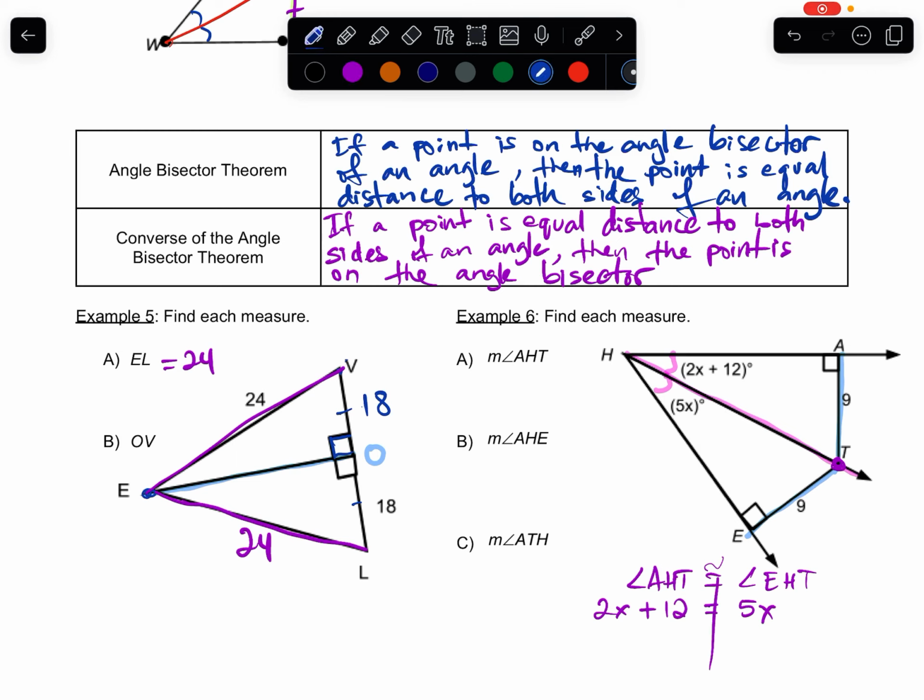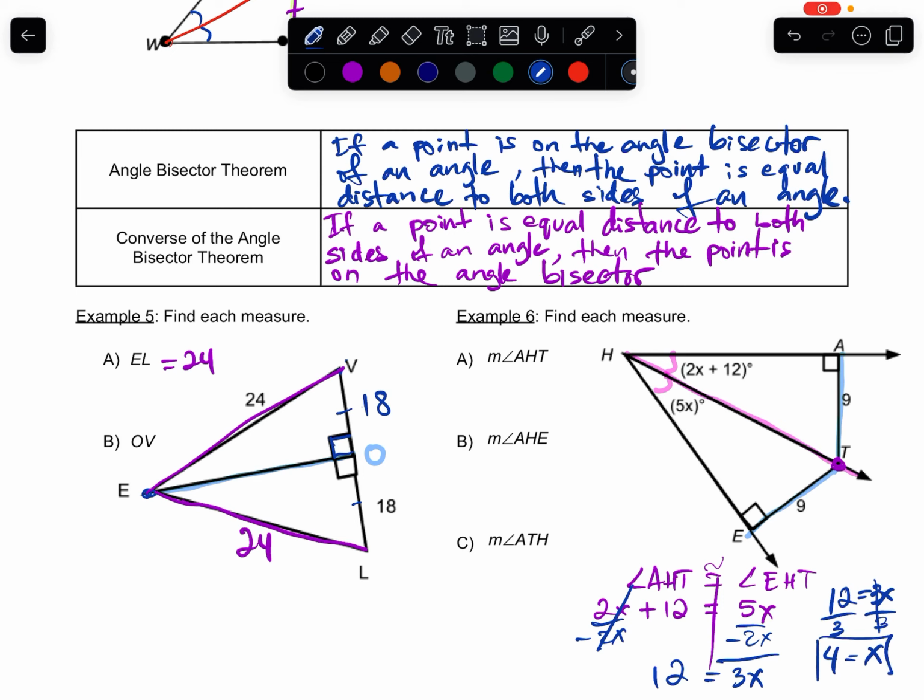So if I solve this, I have an x here and an x here, so I need the x's on one side. I'm going to move this smaller x over here and cross that out. This becomes 3x, and this is 12 still. So 12 equals 3x.